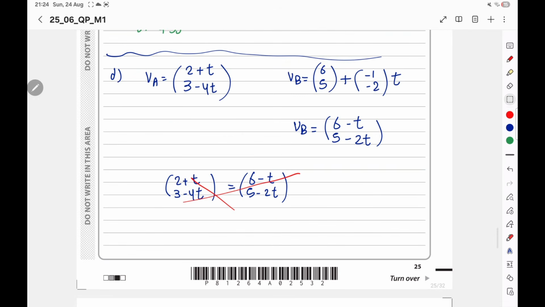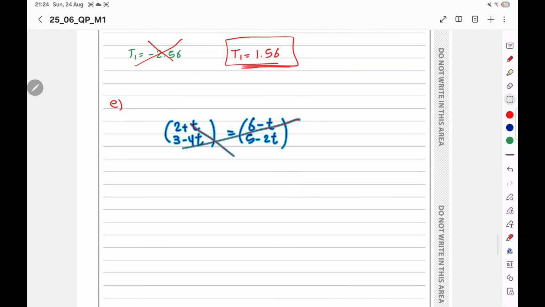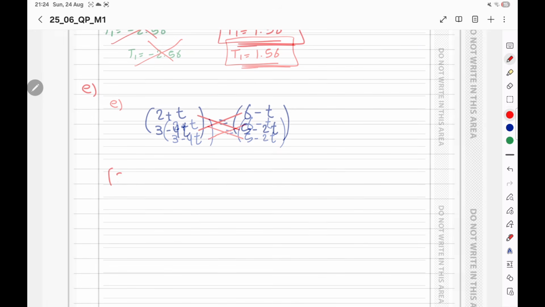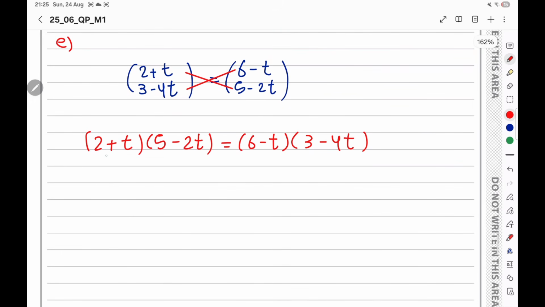VA is equal to VB and cross multiplication, because there is a ratio. 2 plus t multiplied by 5 minus 2t equals 6 minus t multiplied by 3 minus 4t. 2 multiplied by 5 is 10. 2 multiplied by negative 2t is minus 4t. t multiplied by 5 is plus 5t. t multiplied by negative 2t is minus 2t squared.